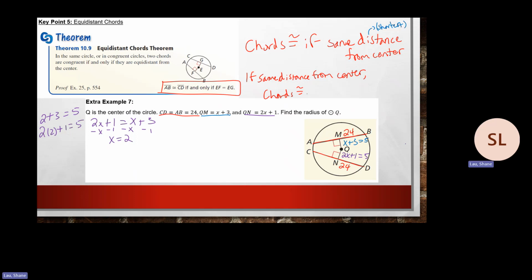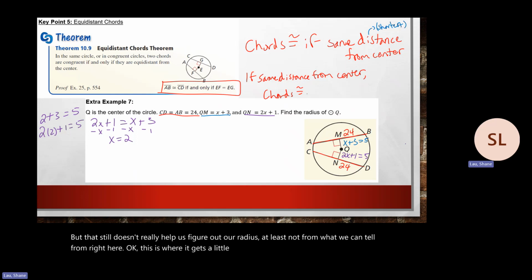But that still doesn't really help us figure out our radius, at least not from what we can tell from right here. And this is where it gets a little bit tricky, right? I think the intuition is there. I'm not necessarily agreeing with it per se, but something that we could know is that CN, this segment, is congruent with ND, the same that AM and MB are congruent.